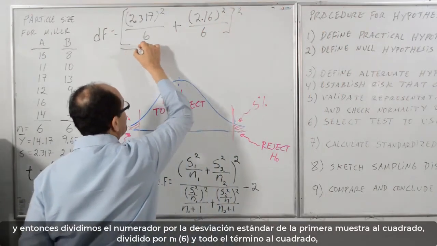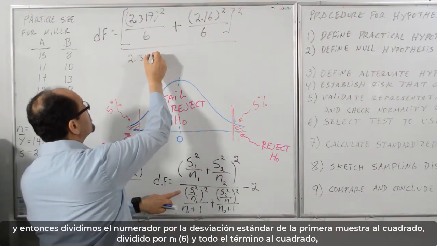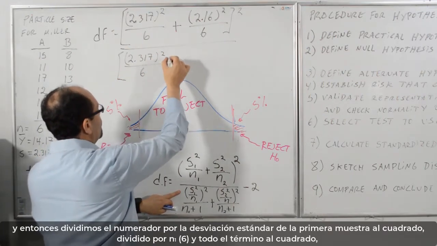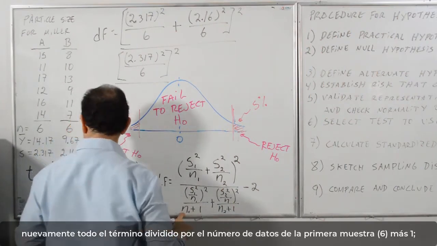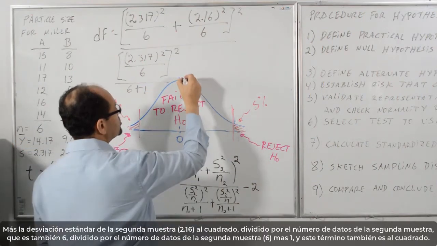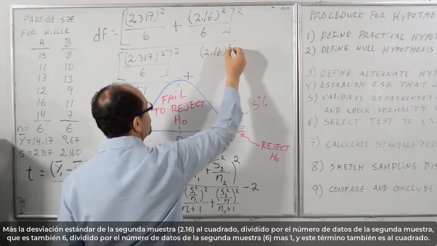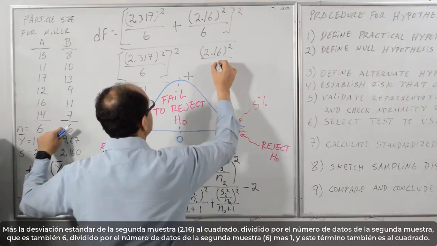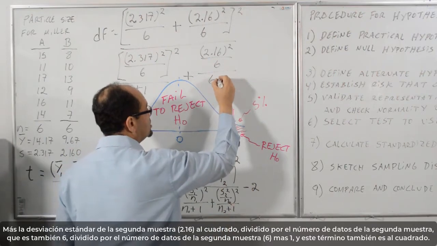And then let's divide that by the standard deviation of the first sample squared, divided by n, 6, all of that squared, and all of that divided by n of the first sample, 6, plus 1, plus the standard deviation of the second sample, 2.16 squared, divided by n of the second sample, which is also 6, divided by the sample size plus 1, which is 6 plus 1.